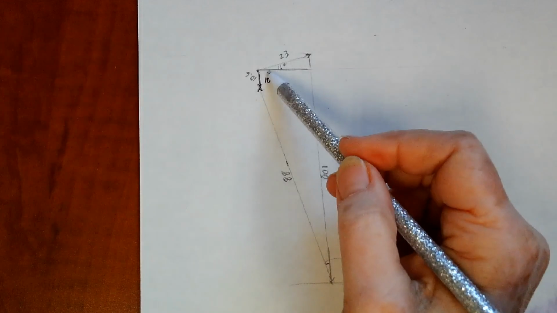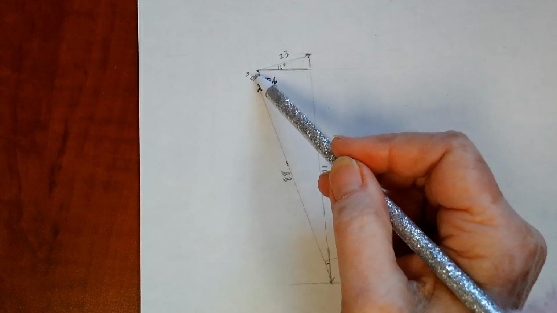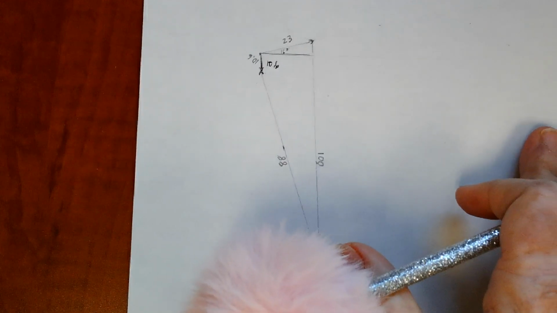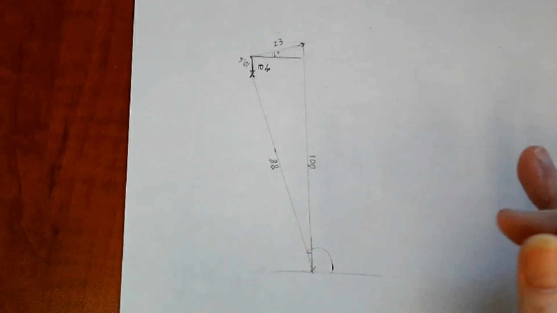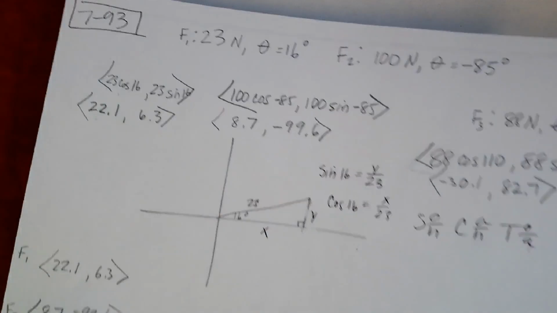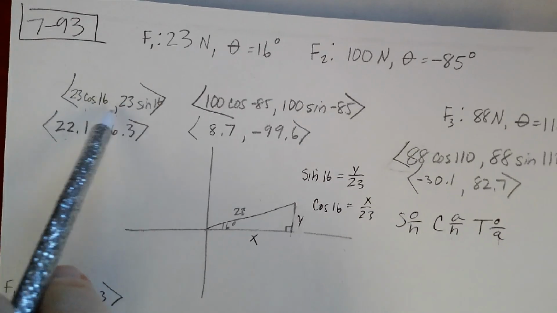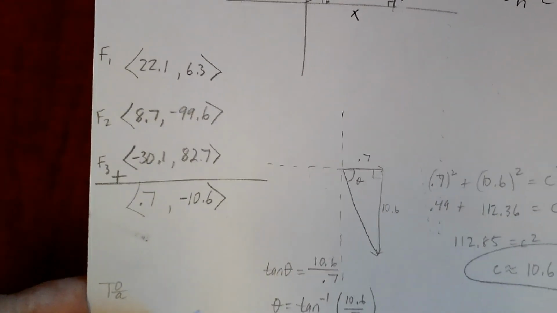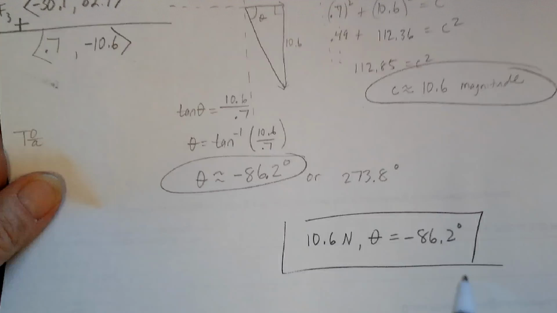Well, that's almost negative 90 degrees, and it looks like it's heading that way. So there's a diagram of the problem. But honestly, you're just going to do it this way from now on. Just put everything into component form and simply add them up, and then convert it back to magnitude and direction.